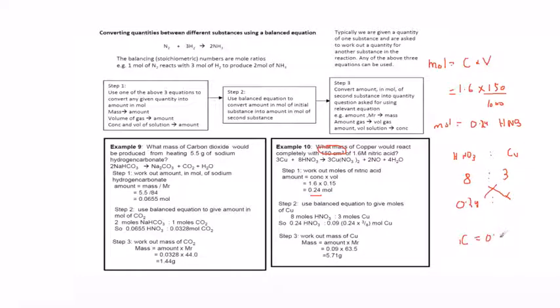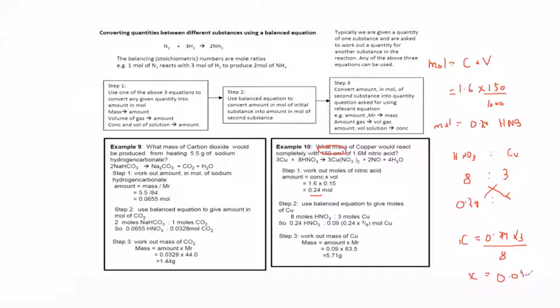So X is equal to 0.24 multiplied by 3 divided by 8. When you calculate the moles, you will get 0.09.